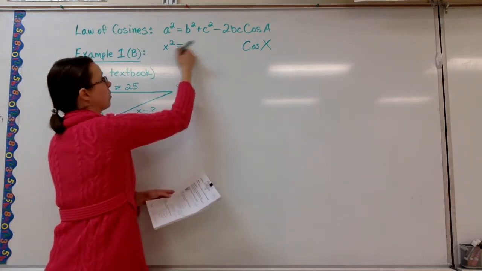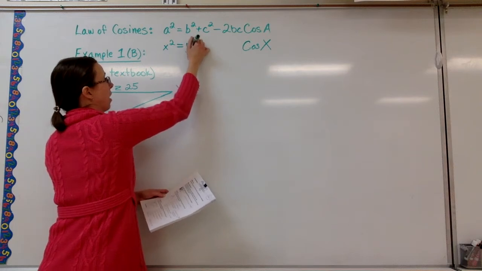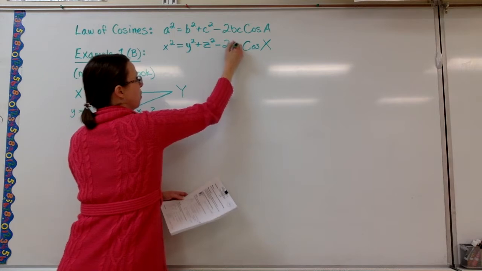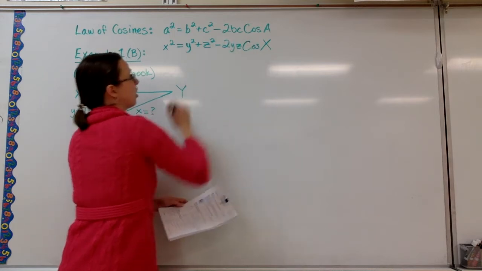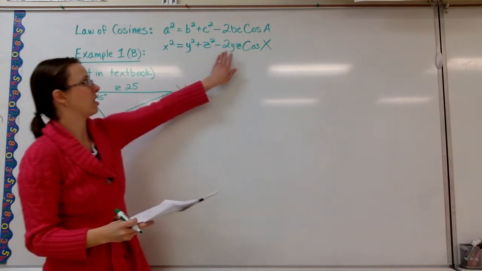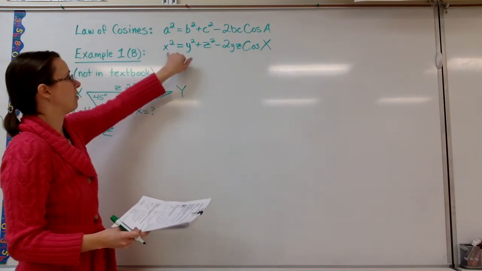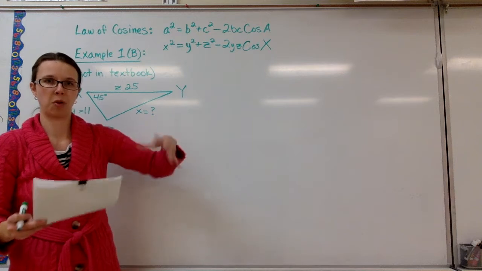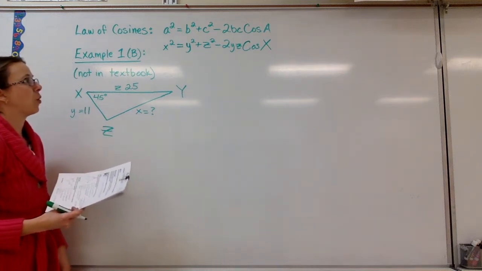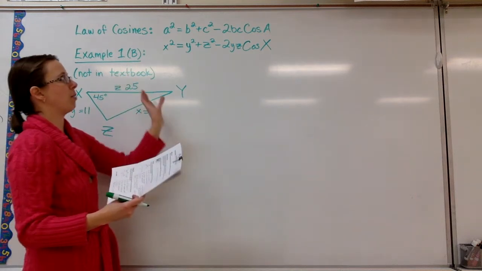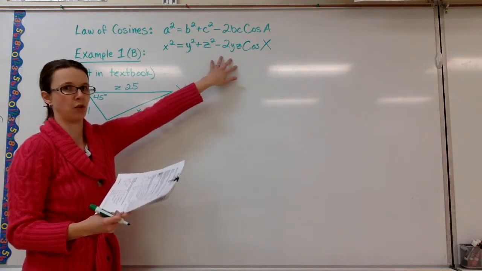So we would have X squared equals Y squared plus Z squared minus 2YZ cosine of X. And remember, all of these pieces are multiplied and glued together with multiplication. And then all of these constant pieces are separated, okay? So again, whatever the corners of your triangle are, that becomes your modified version of your law of cosines.